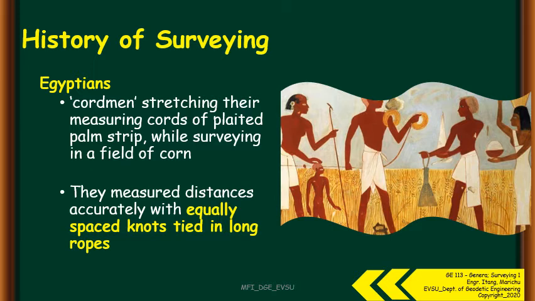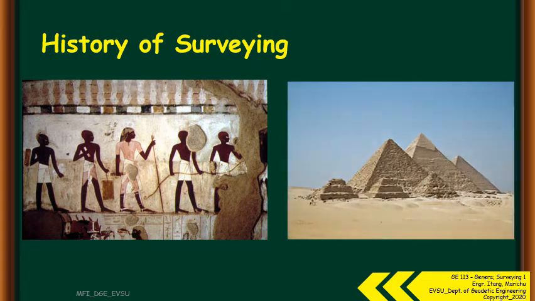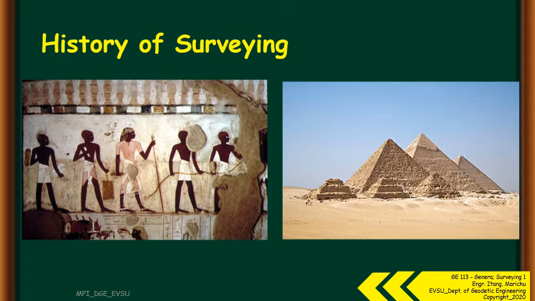The way they measured was that they measured distance accurately with equally spaced knots tied in a long rope. They only used ropes. Here is the picture of the pyramid. They used only ropes in constructing a pyramid.